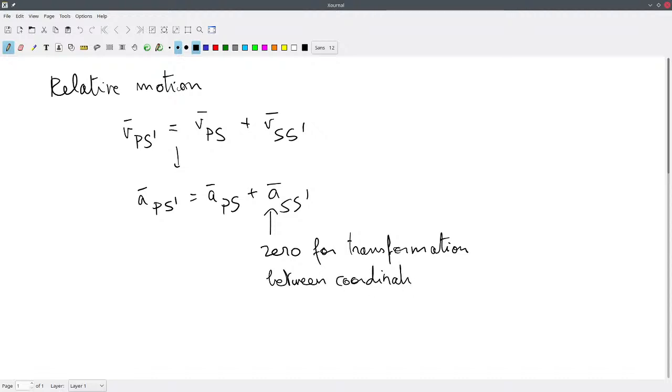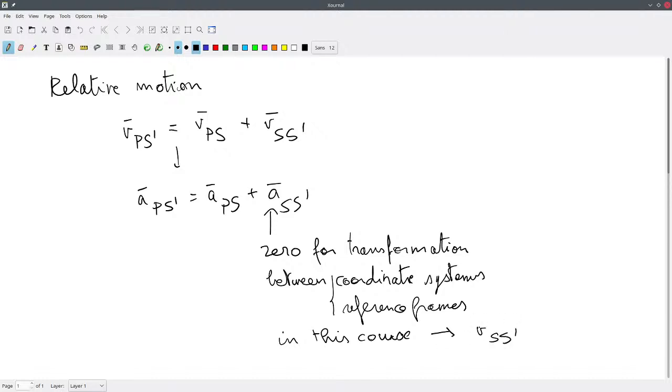I say coordinate systems, I should say reference frames, which is the same thing, of course. Reference frames in this course. So that will mean that V_SS' is going to be constant, or of course 0.